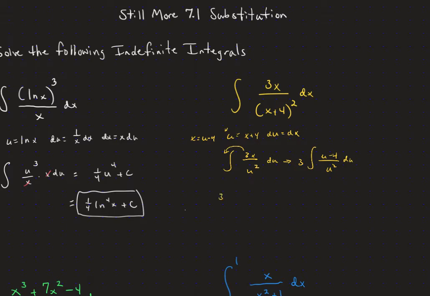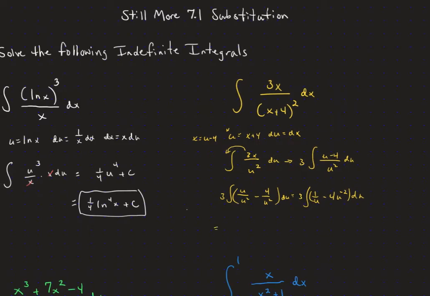So now what we're going to do is separate that into u over u squared minus 4 over u squared times du. And then we can call that the integral of 1 over u minus 4u to the negative 2 du.